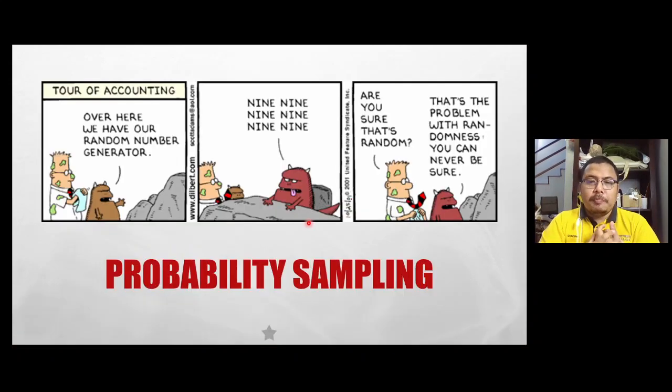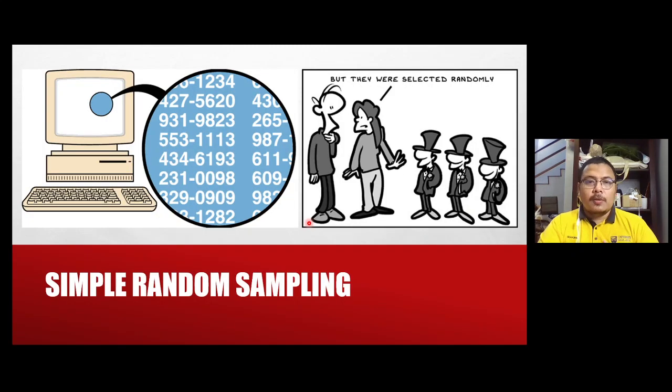But in biostatistics, the sampling approach that we most always use is what we call probability sampling. There are a few types of this sampling. First, the random sample.